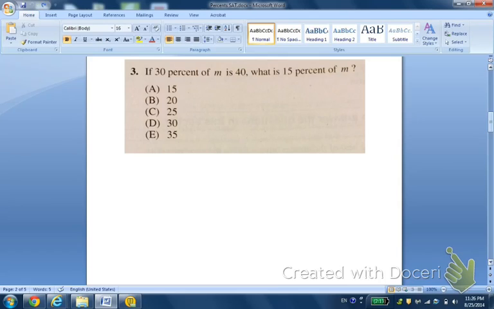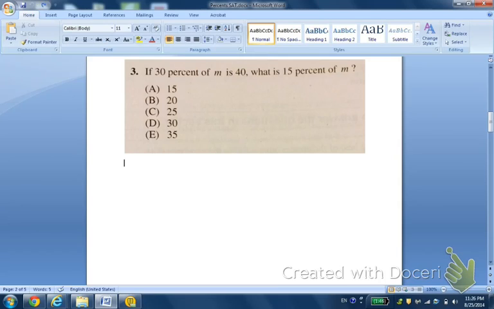It's an easy question, so I picked this one so you guys can see an example of percent. It says, if 30% of M is 40, what's 15% of M? The trick here, you know that 30% of M is 40. 15% is just half of 30%.